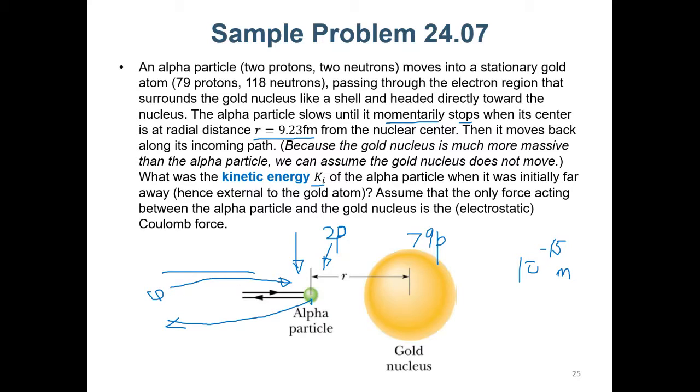Because it is mentioned that initially we assume the alpha particle is far away here. It's far away from the nucleus, so the potential energy will be zero.